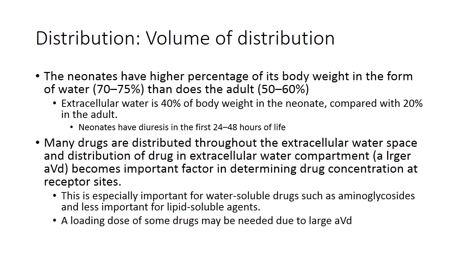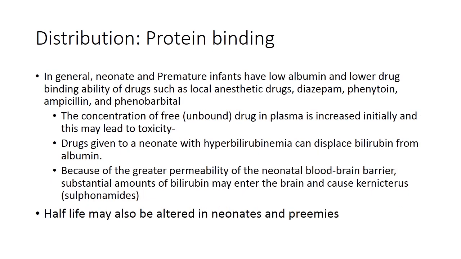Many drugs are distributed throughout the extracellular compartment, that is water, and distribution is mostly determined by the water content, and that results in altered volume of distribution. Now, this is particularly important for drugs which are highly water soluble, for example aminoglycosides, and may be less important for lipid-soluble agents. Occasionally, a loading dose of the drug would be required because a larger apparent volume of distribution is obtained in neonates.